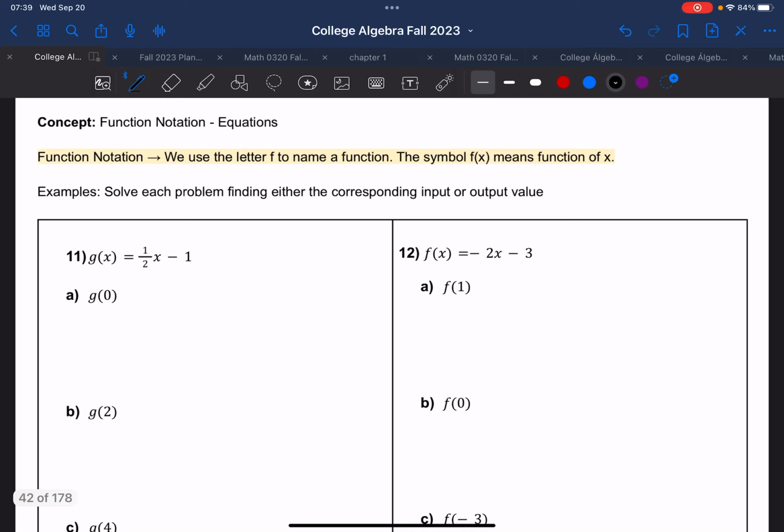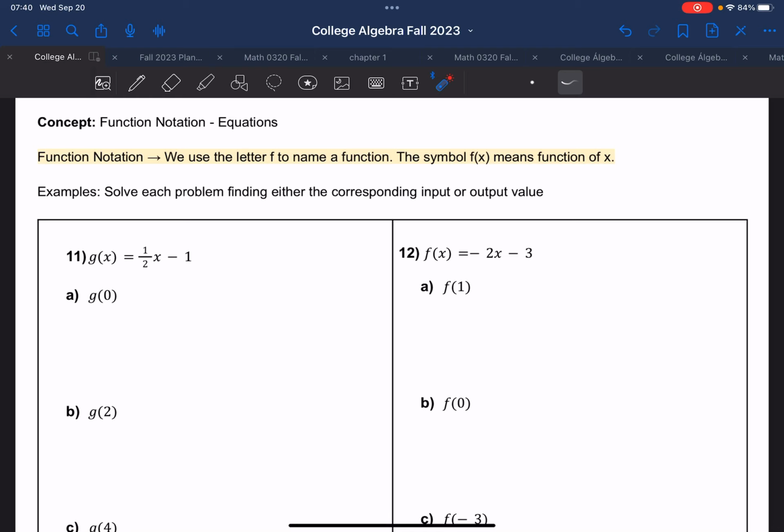Now we're looking at function notation. For function notation, we use the letter f to name a function. For example, right here, this symbol, f of x, is said "function of x." We don't have to use f though. We could use any variable.